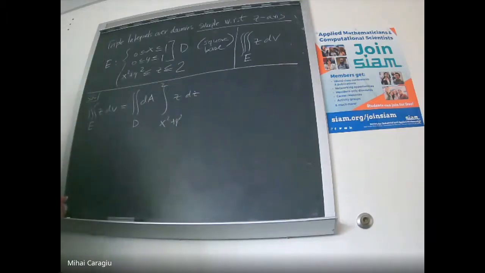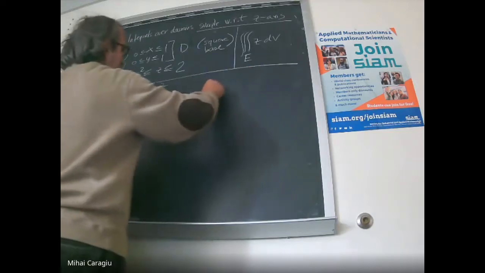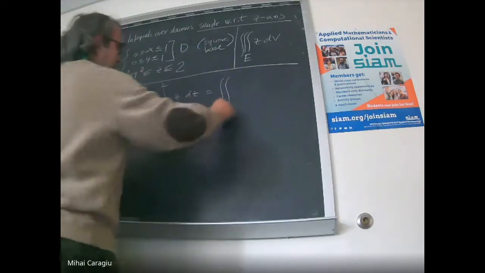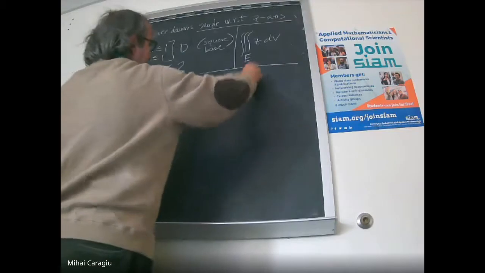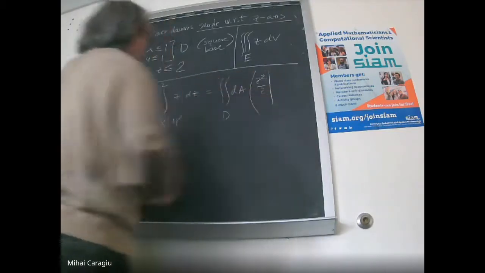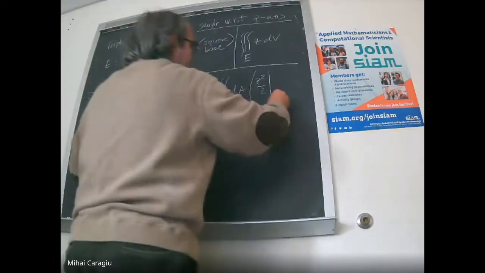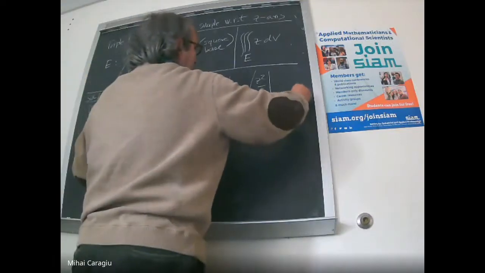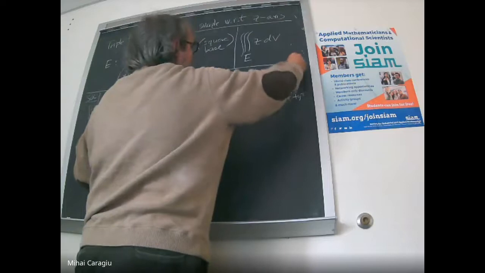Right? So this will be double integral over D dA, then z squared over 2, vertical bar between z equals x squared plus y squared and z equals 2.